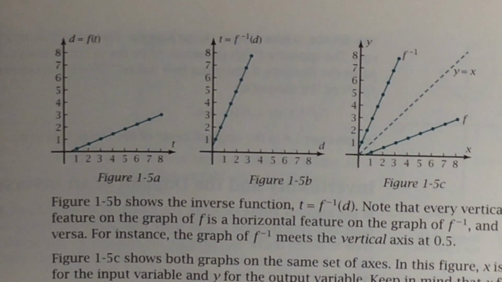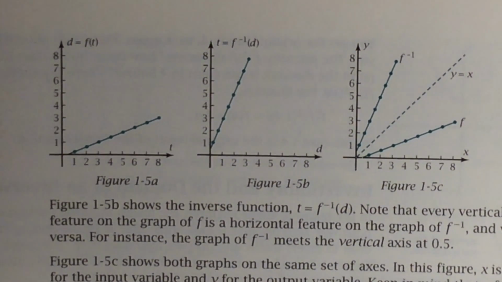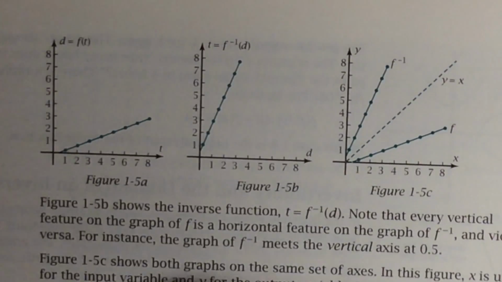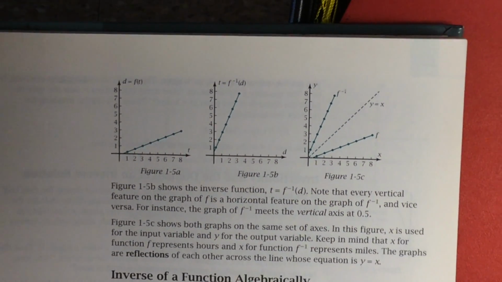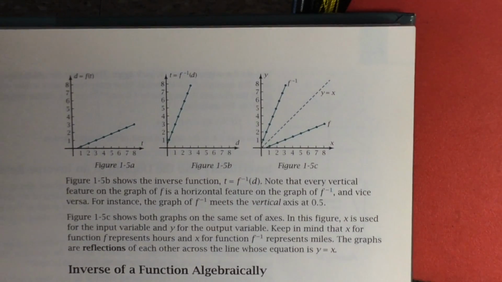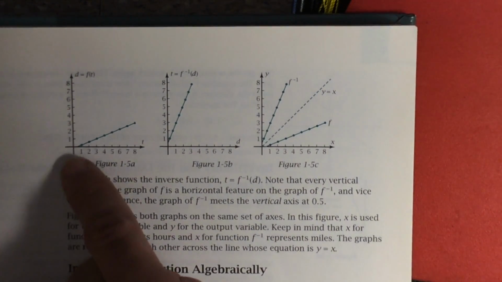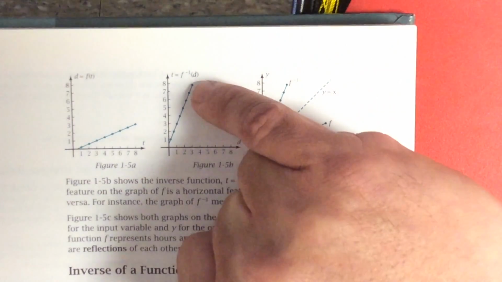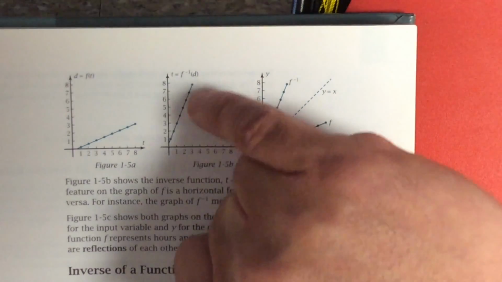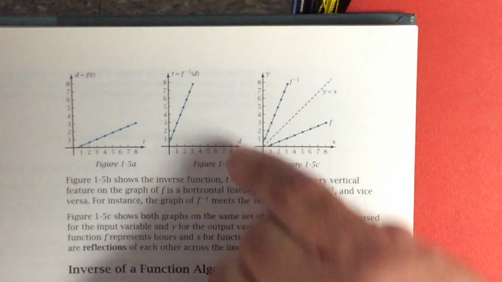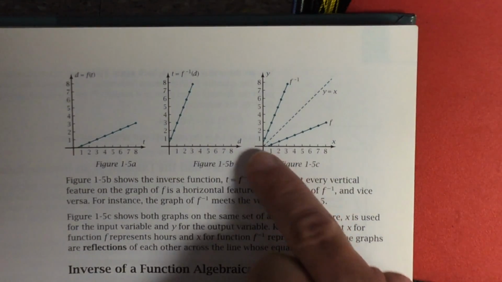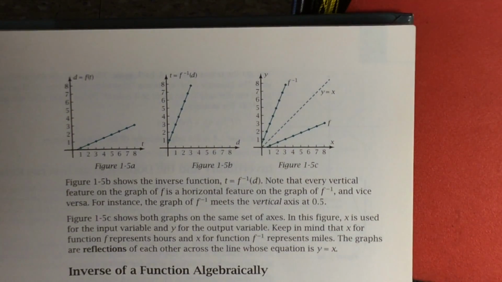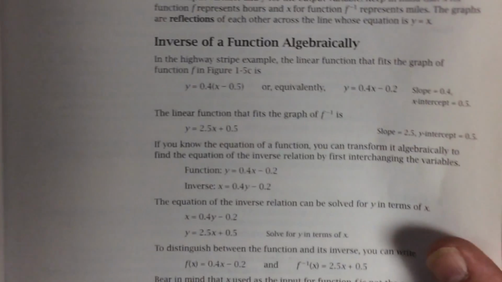Graphically, an inverse relation is going to be a reflection of the function across the diagonal line x is equal to y. So if this is my original function, this would be the inverse of it. And if you draw the line y is equal to x between them, you'll see that it's a reflection.